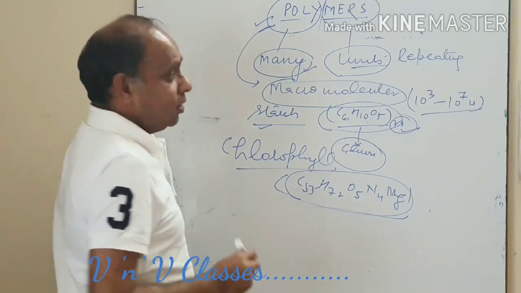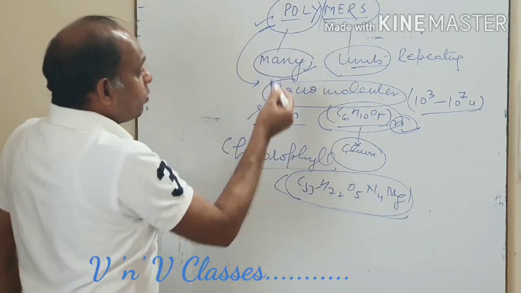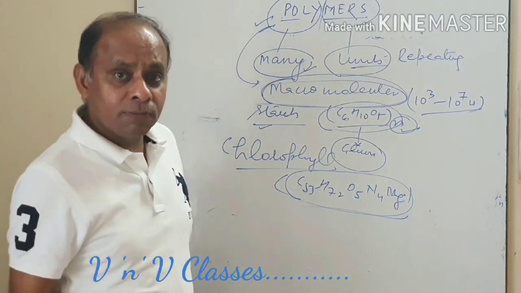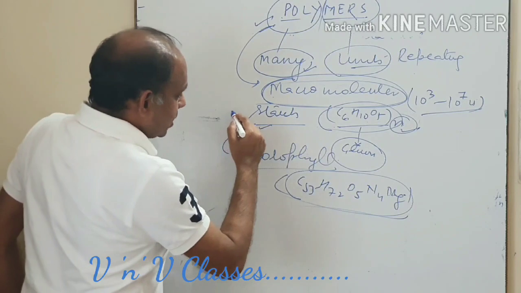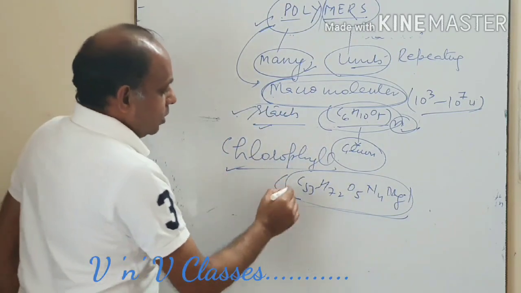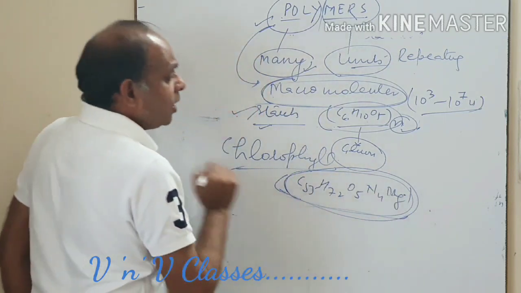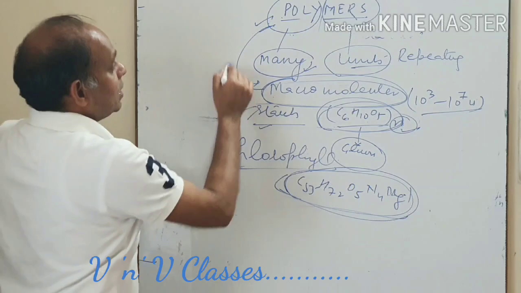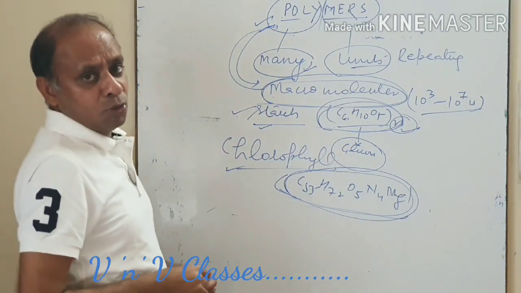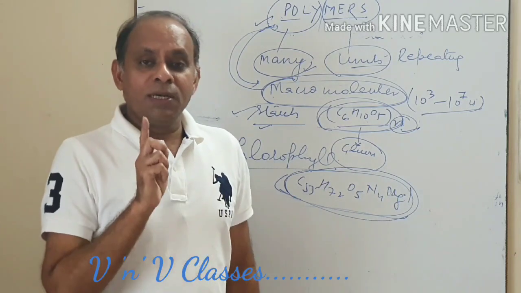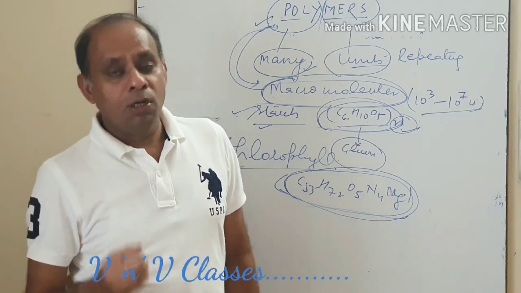So it is very clear from this that macromolecule is a broader term. Why? Because it includes starch, and it includes chlorophyll. Then what is the difference? One doesn't have any repeating unit and the other has a repeating unit. The polymer is a branch from the macromolecules only. So remember, there is a difference between polymer and macromolecule.